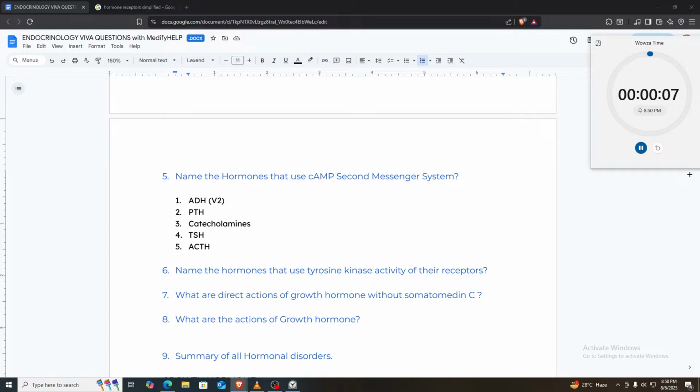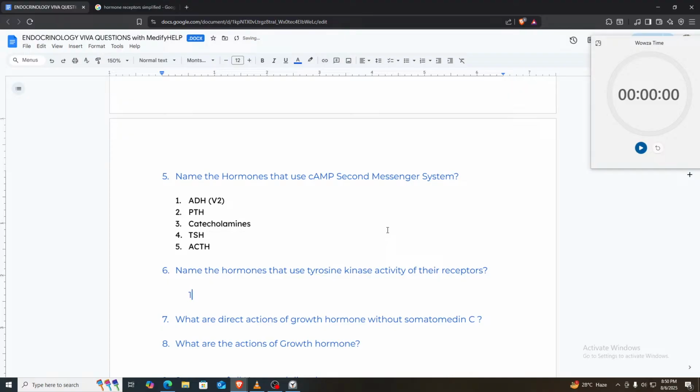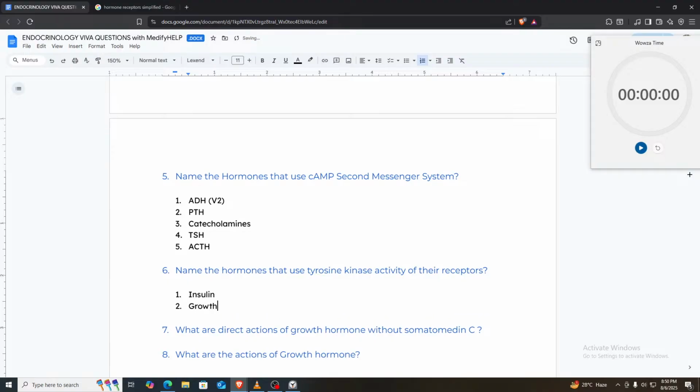Use tyrosine kinase activity. Well, enzyme based basically. Okay, I think with that we're done. We just need to finish. I'll just do one more question, because I can. Okay, so you have insulin, of course, growth hormone.